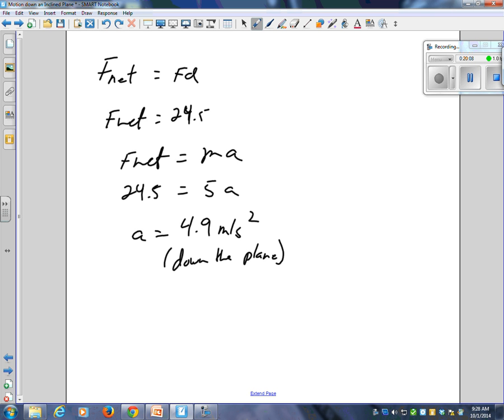This is part D here. Time to get to the bottom. How long is it going to take for it to slide down the ramp? I need something with T in it. What else do I know? I know acceleration. We've gone past the bridge, right? We're into kinematics now.